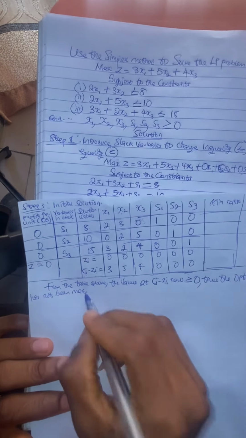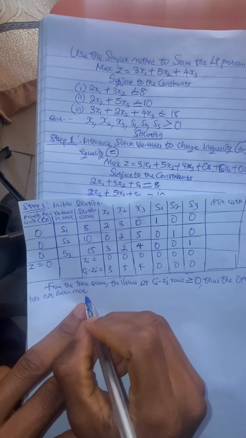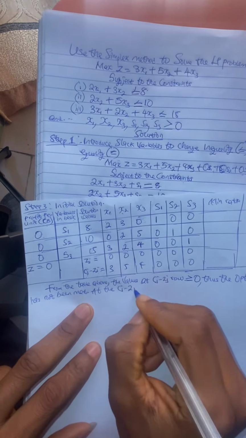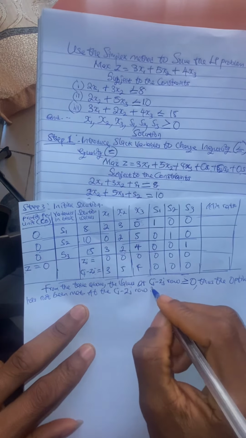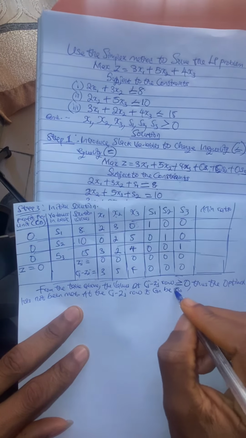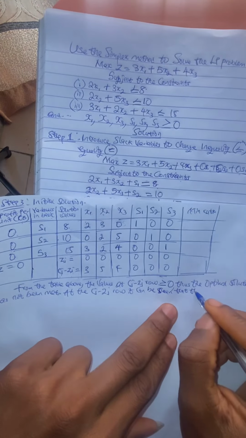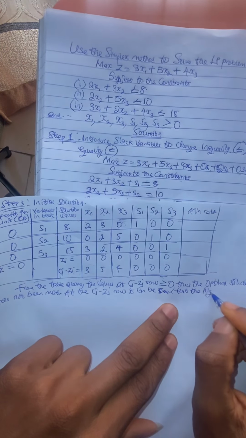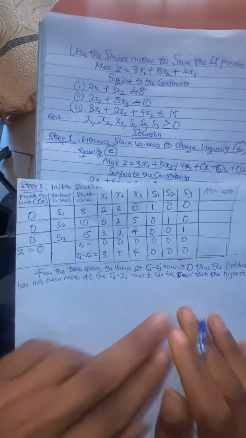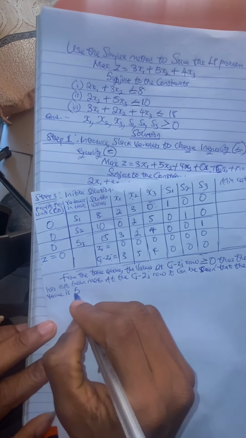So moving on. At the CJ minus ZJ row, it can be seen that the highest positive value is 5.